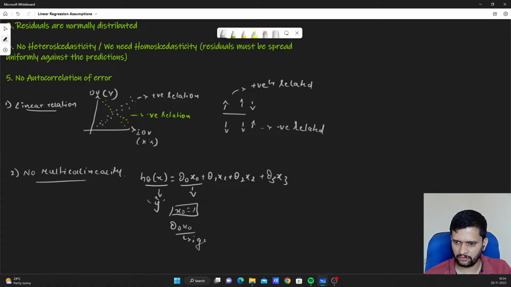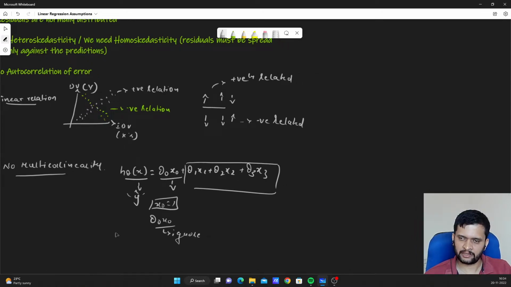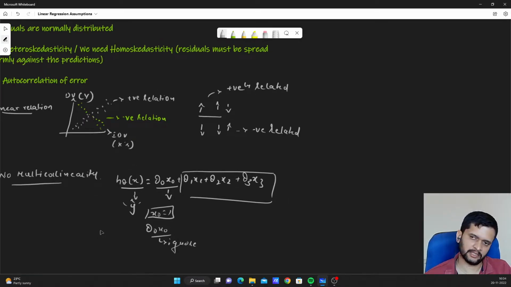Now let us focus our view on this term, theta 1 x1 plus theta 2 x2 plus theta 3 x3. So the assumption with this hypothesis is about what this theta 1 represents. Okay, so this theta 1 represents by how much y changes with respect to change in x1, assuming x2 and x3 are constant.